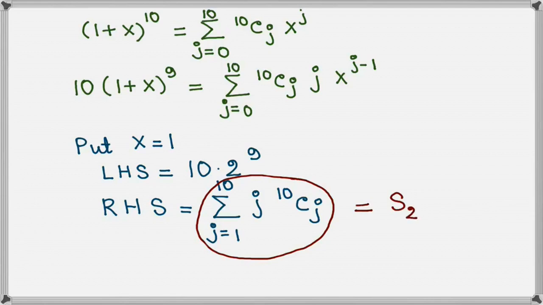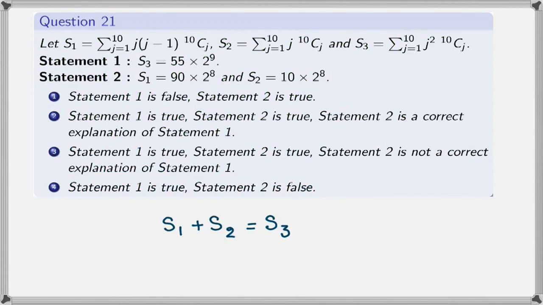Therefore, we have found the value of the sum S2, which is 10 into 2 to the power 9. In statement 2, the value of S2 is given to be 10 into 2 to the power 8. Therefore, statement 2 is false. Now, from the given options, it is very evident that option 4 is the only possible correct answer.